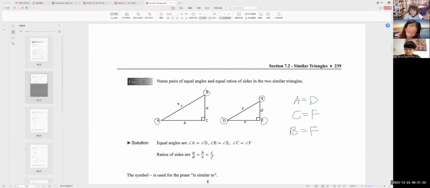And when we talk about the measurement of the sides, it's C over F equals A over D equals B over E. If you start with the bigger one, it's always first one, second one, first one, second one. You cannot do C over F equals D over A, because A, B, C belong to one triangle and D, E, F belong to the other. You cannot change the position. Get it, everybody?